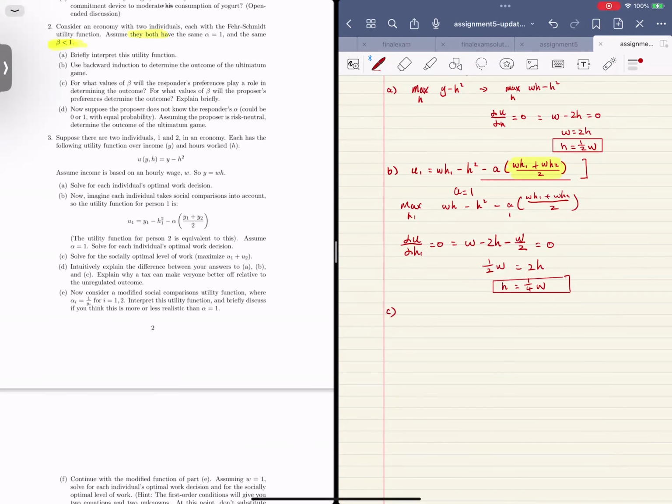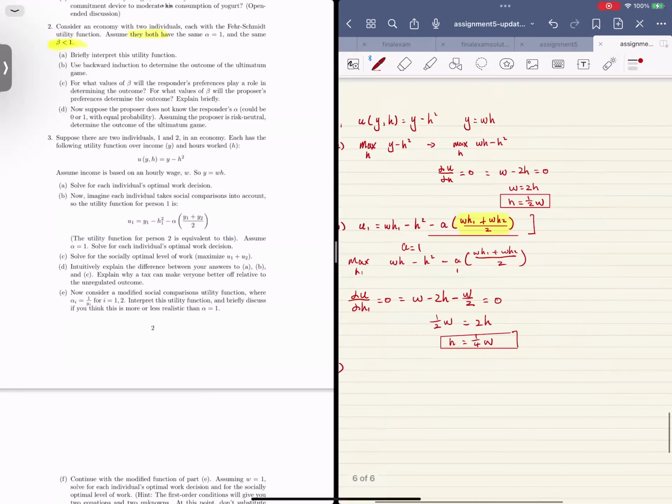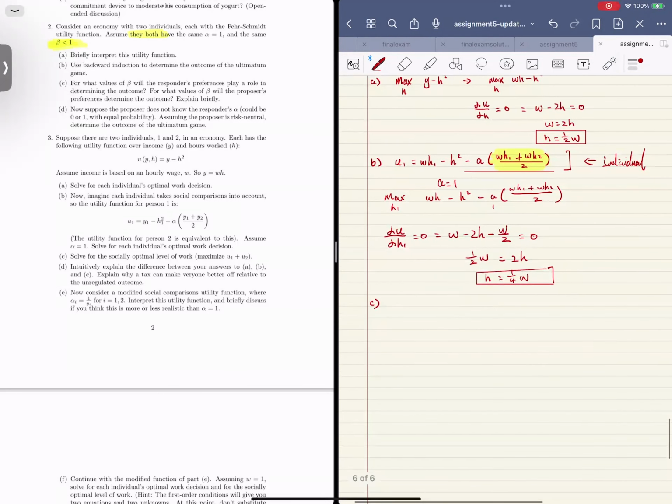Now C. Solve for society's optimal level of work. Maximize U1 plus U2. Before, this was all individual. By including the social part, we have the max over H1, H2 of U1 plus U2. Everybody's utility together, and we're trying to come up with a magical number for H1 and H2.